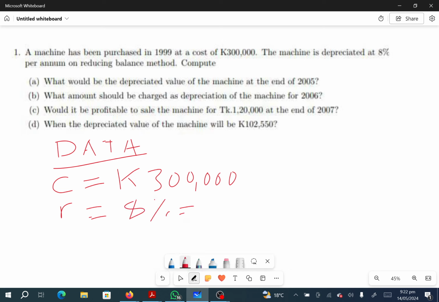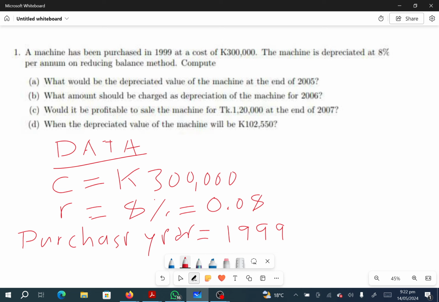So when you divide this by 100, gives you 0.08. Then we have been given also the purchase year. So this machine was purchased in the year 1999.